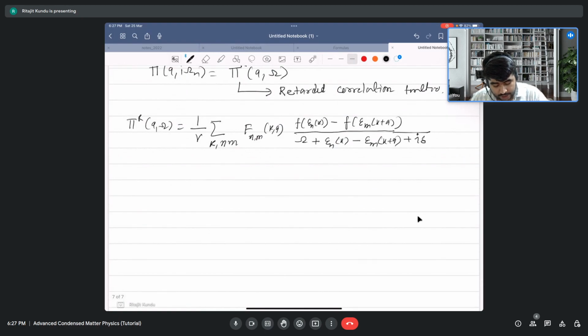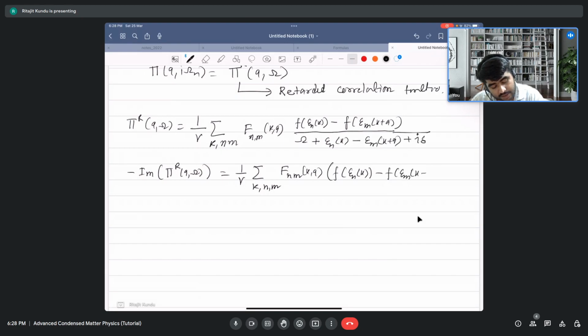Now we can look at the minus of the imaginary part of this correlation function. If you do that, it looks something like this. F_nm is real, since it is a mod square of some complex number. So F_nm(k, q) times f(e_nk) minus f(e_m k+q), times a Dirac delta function, delta(omega plus e_n(k) minus e_m(k+q)), and there is a pi multiplied.